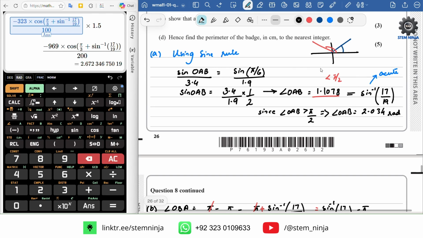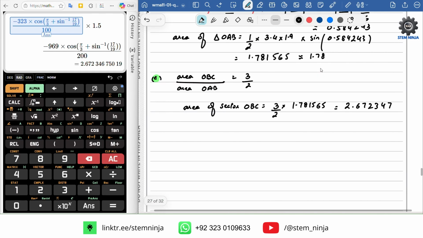So we need the angle BOC, right? The area is also equal to half r squared theta, so half times 3.4 squared times theta in radians.